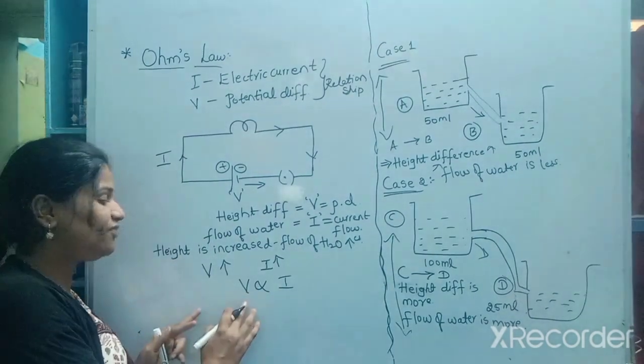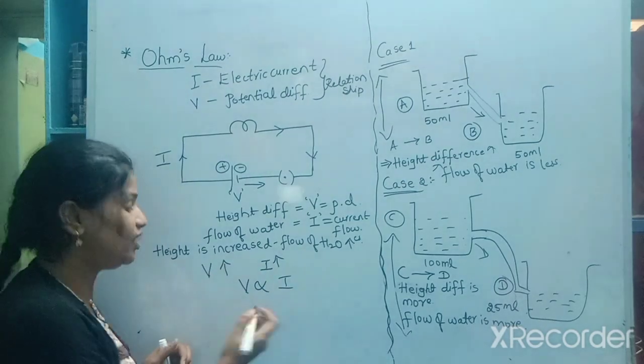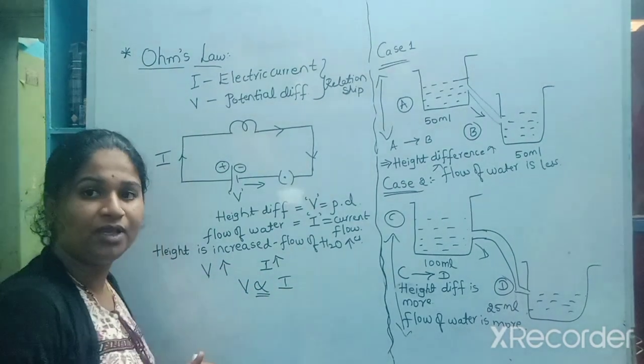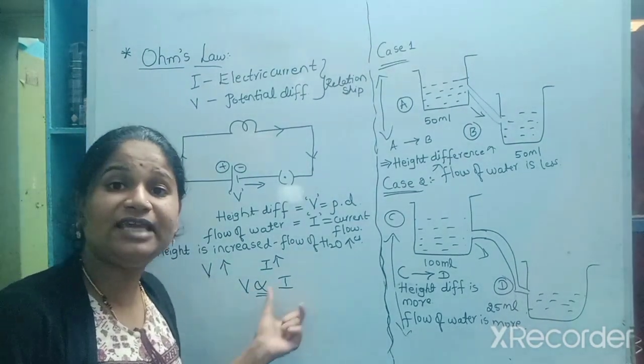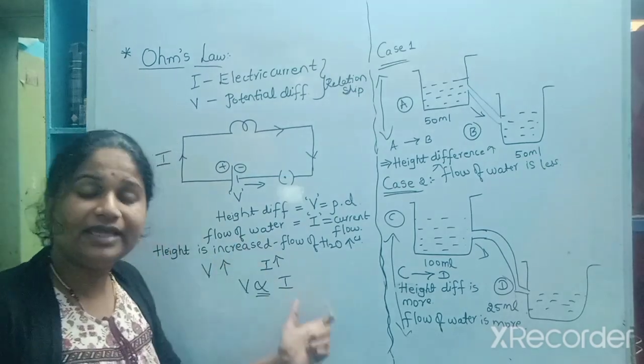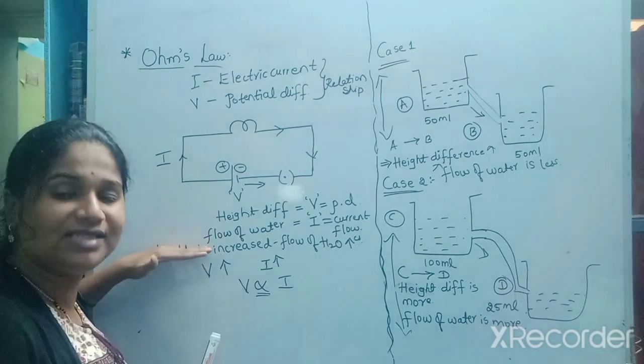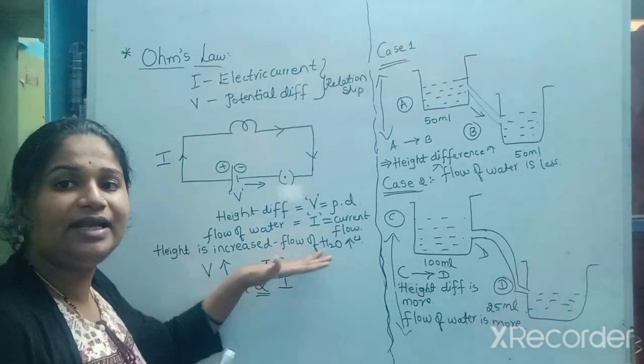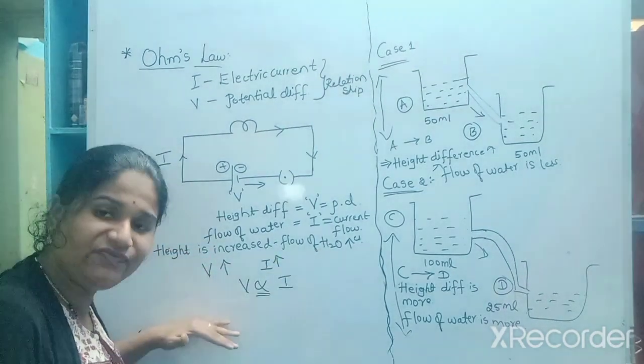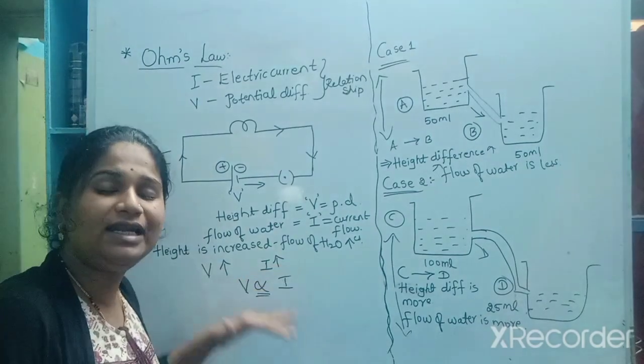This is the proportional sign. What does directly proportional mean? If the potential difference increases, the flow of current increases. If the potential difference decreases, the flow of current decreases.